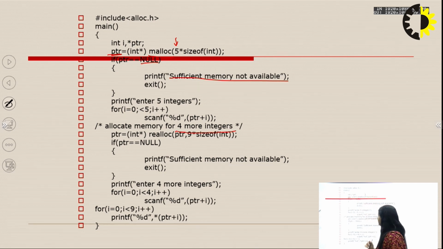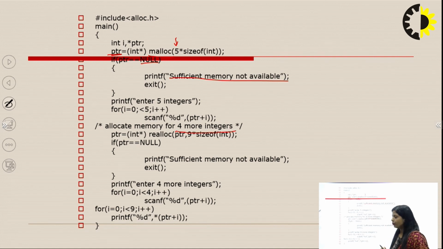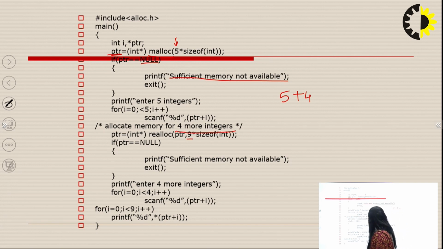Now I say allocate memory for 4 more integers. So earlier it was 5. Now again we are trying to allocate space for 4 more integers. So now it becomes 9. Fine, so we will be using 9 over here.